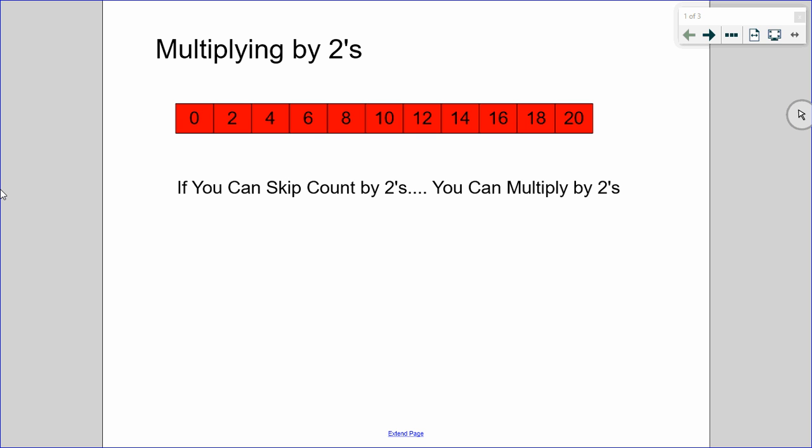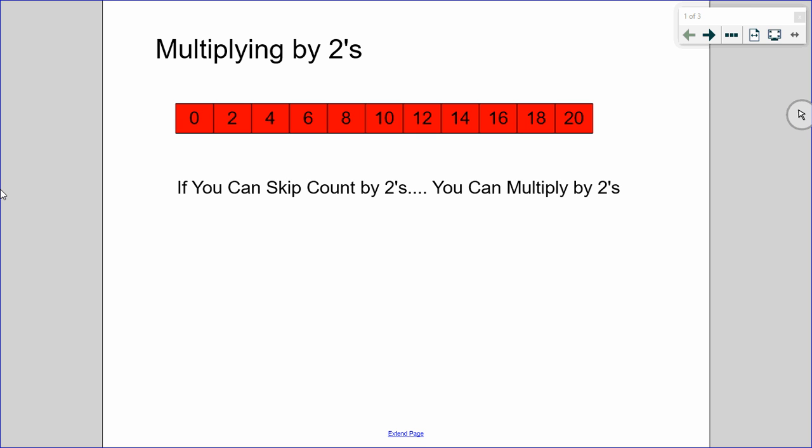And as you know, Miss Chisholm always says, if you can skip count by a number, you can multiply by that number. So here you see on my screen my skip counting by twos strip. And I'm going to show you how you could create one of these to have at home.